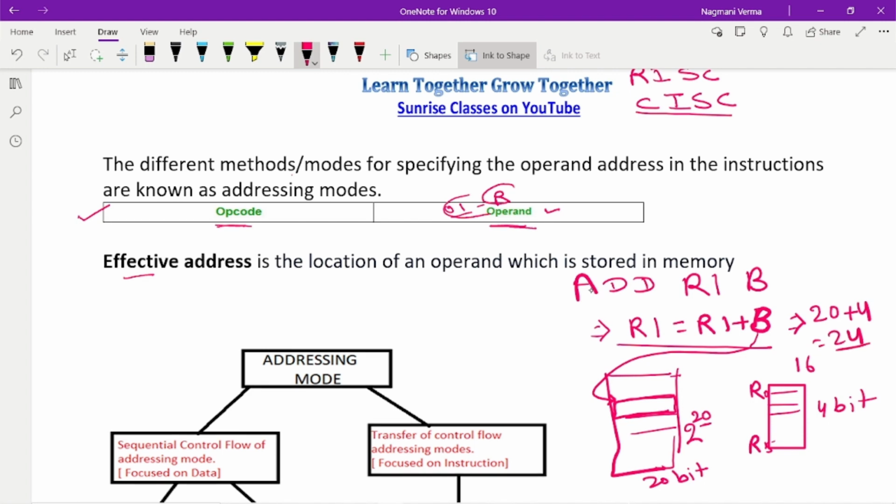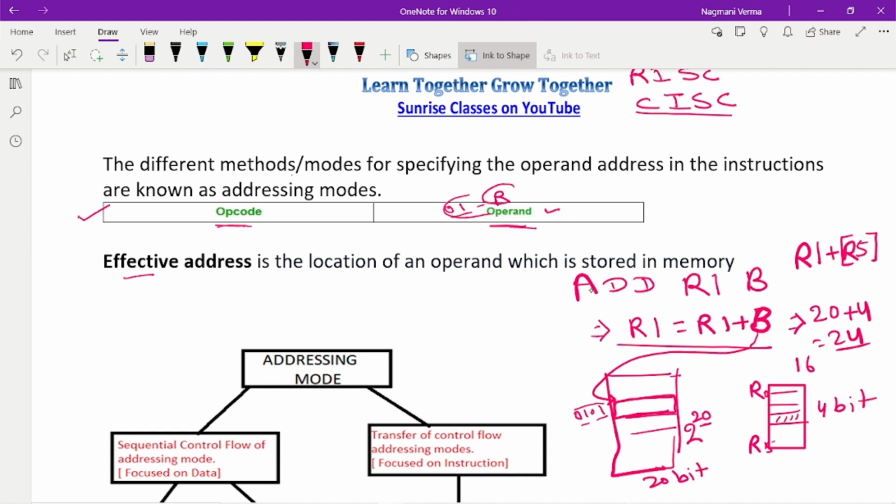But if you want to reduce this, we can store this address also in a register. For example, I will say R1 plus R5. So it will go to R5, and R5 has the address, something like 0101, for 20 bits.